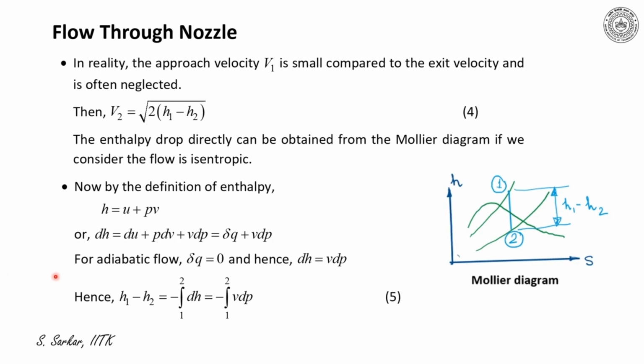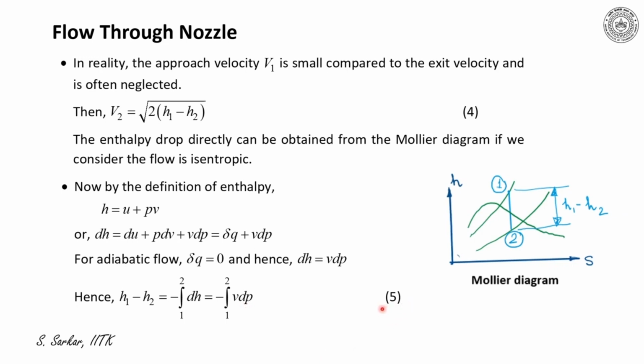Thus, we get dH is equal to V into dP. Hence, after integrating, I can write H1 minus H2 is equal to minus integral 1 to 2 of dH, which is equal to minus integral 1 to 2 of V into dP, which is equation number 5.